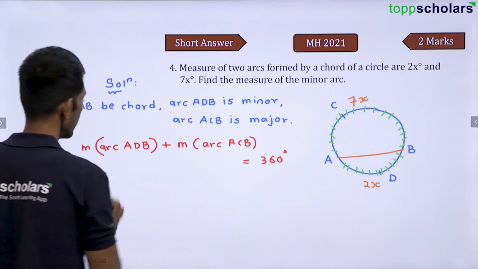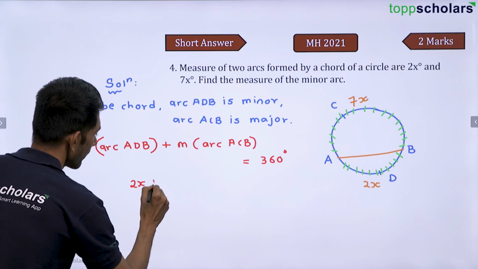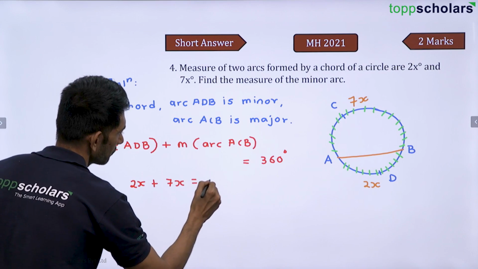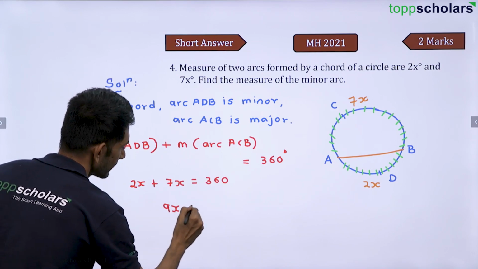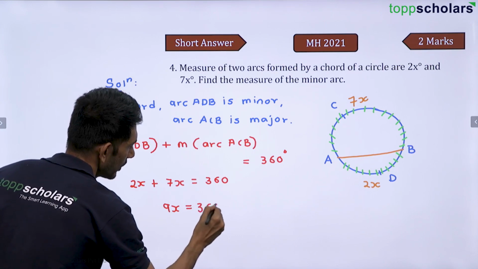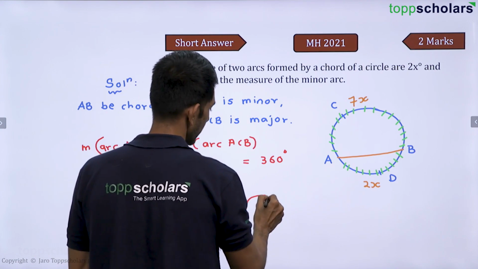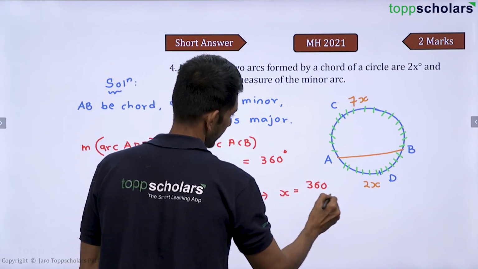So once I add them, I get 360. So measure of arc ADB, can I say this is 2x? Can I say this is 7x? So this becomes 9x is equal to 360. And once we get 9x is equal to 360, can I say x is equal to 360 by 9?